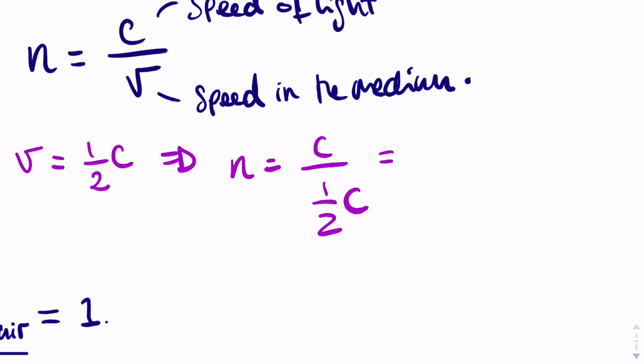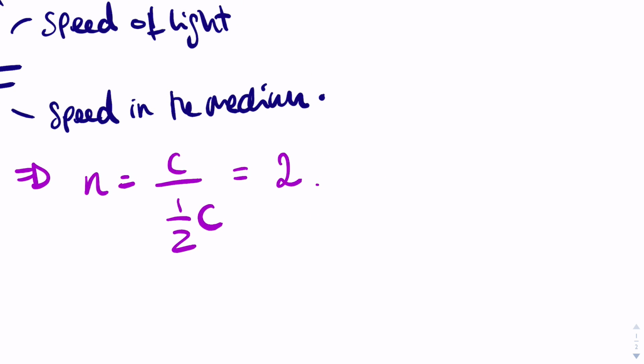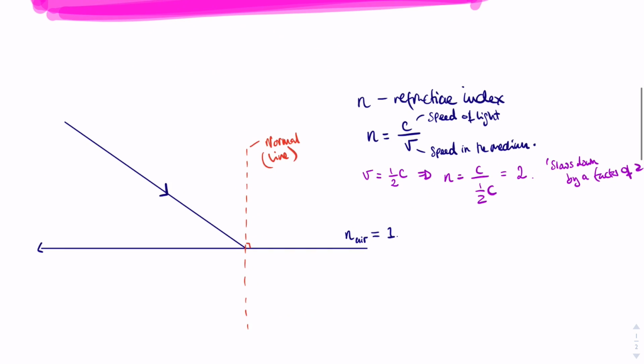The c's cancel out and the 2 gets flipped because it's on the bottom, and you end up with a refractive index of 2. This means that my speed of the light slows down by a factor of 2.